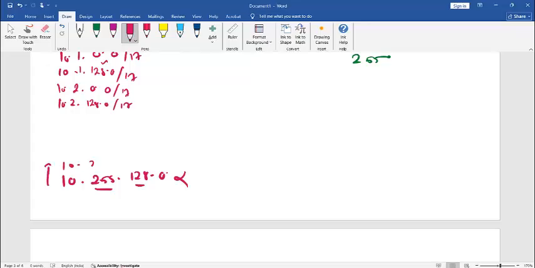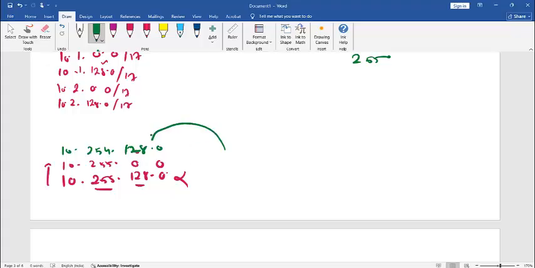It will be 10.255.0.0. And then again, if you subtract, you have nothing to subtract here. You need to subtract from here. If you subtract from there, then it becomes 10.254.128.0.